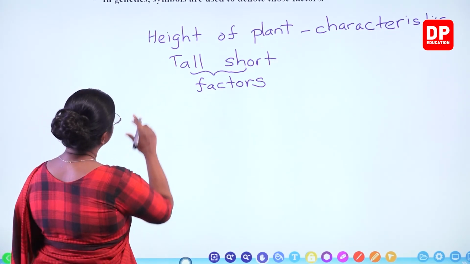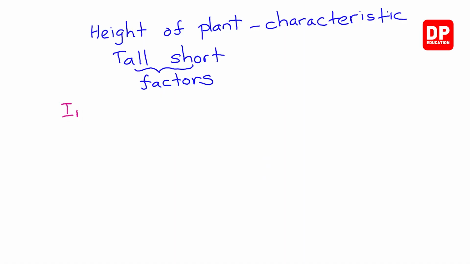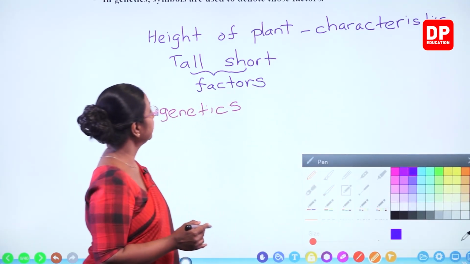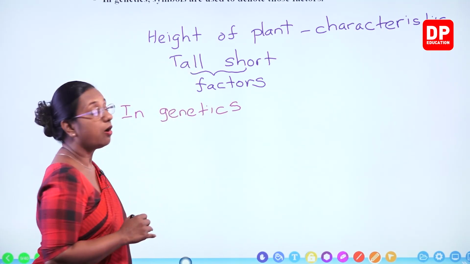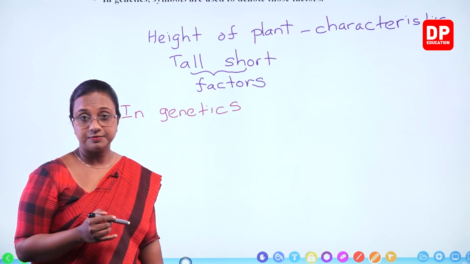So, here, if it is in genetics, what we do is, we consider the first letter of the dominant character to represent the factor.